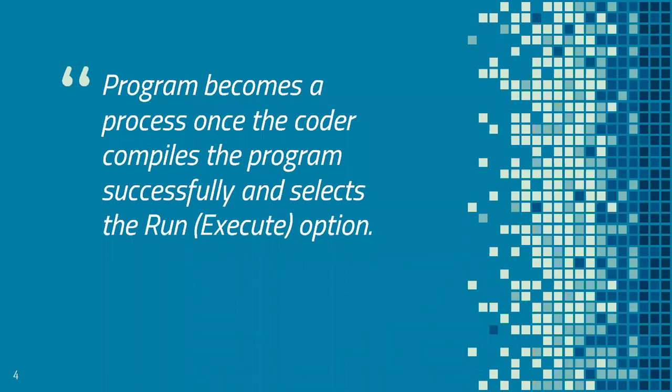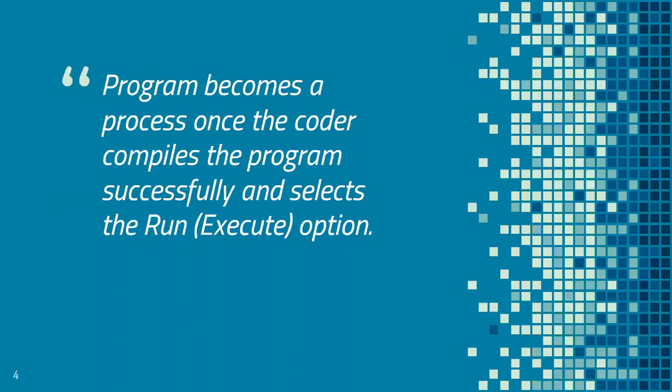A program becomes a process once the coder compiles the program successfully and selects the run or execute option. When you type the program, you save it in secondary memory. Then you compile the program to clear the syntax errors. Once you have compiled successfully, you choose the run option to execute the program.